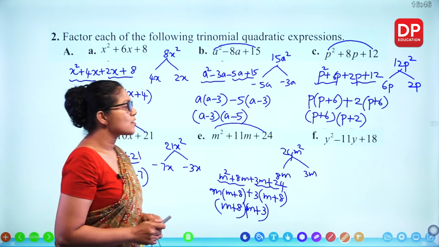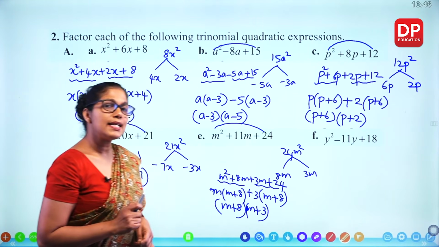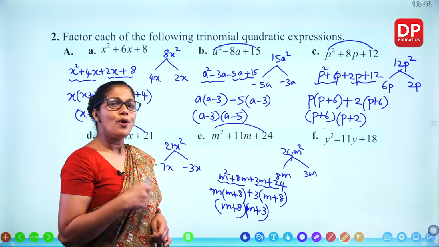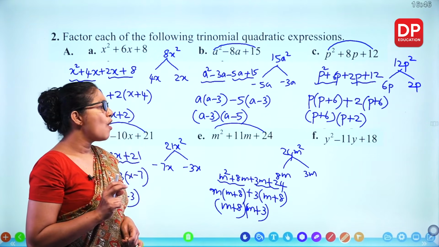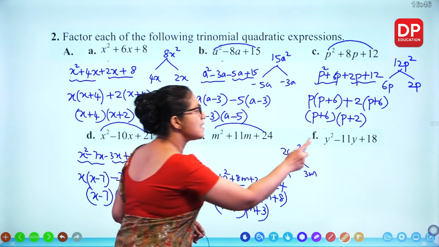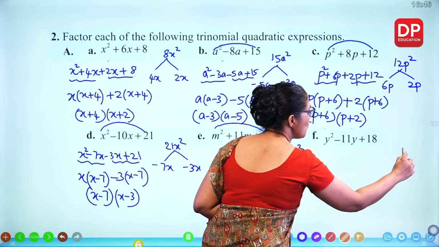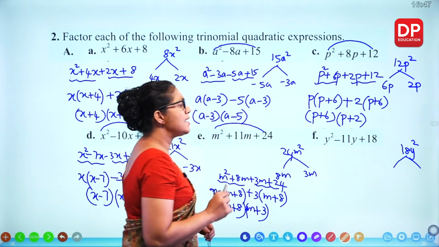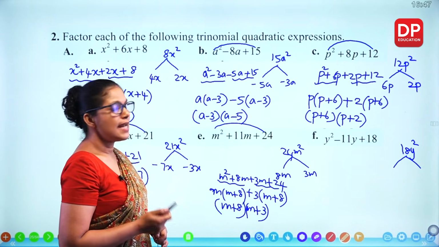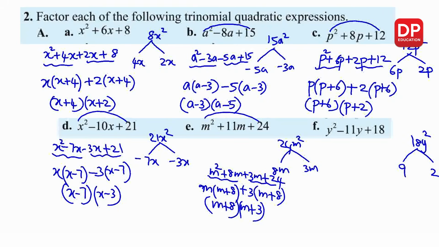Now look at the last one. Plus 18 and the middle term is minus 11. I told you, if the last term is positive, you have to take both negative or both positive. Middle term negative means both should be negative. So what's the number? 18y squared. What are the factors of 18 to get minus 11? 9 and 2. So here both terms should be negative.